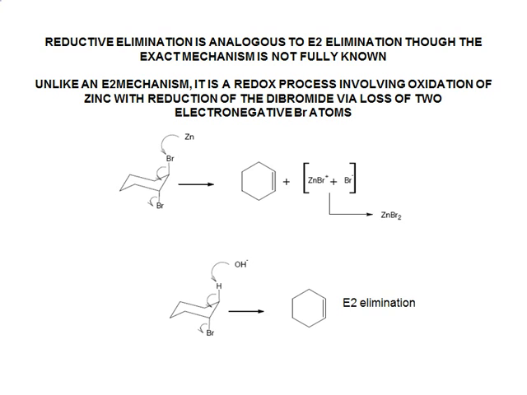We think of it as analogous to a standard E2 elimination that you've studied in sophomore organic lecture. It's different though, in that we're not exactly sure of the mechanism, and it involves a redox process. Still, it is analogous in many ways to the E2 type elimination that you've seen before, but it is called a reductive elimination because of the change in the oxidation state at zinc.